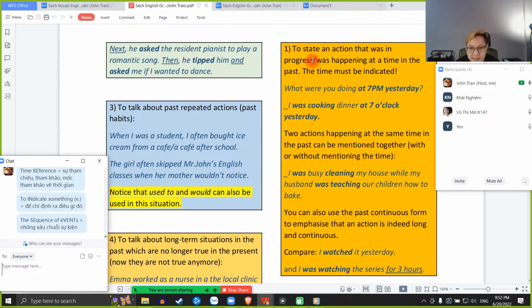Okay, 2 actions happening at the same time in the past can be mentioned together, with or without mentioning the time. I was busy cleaning my house while my husband was teaching.